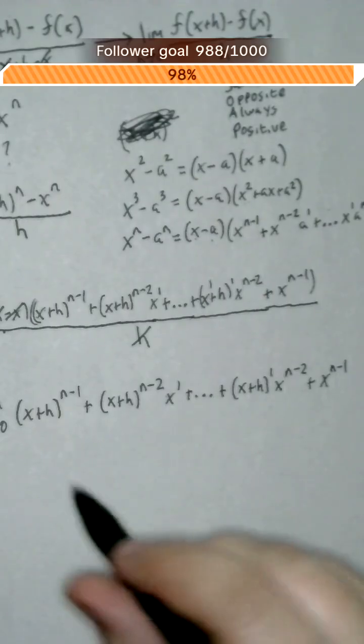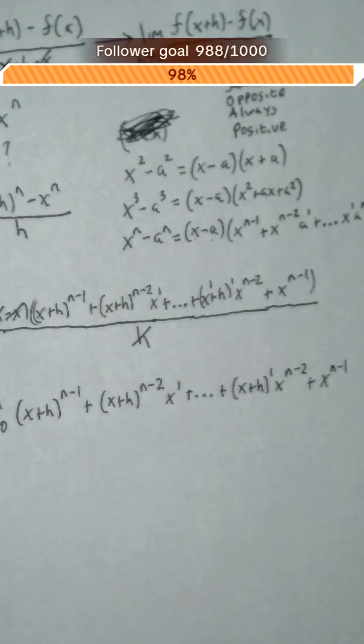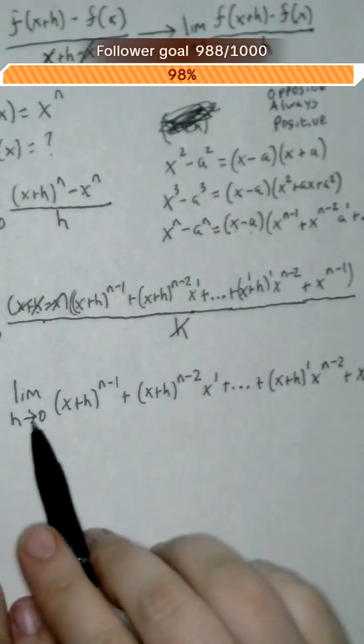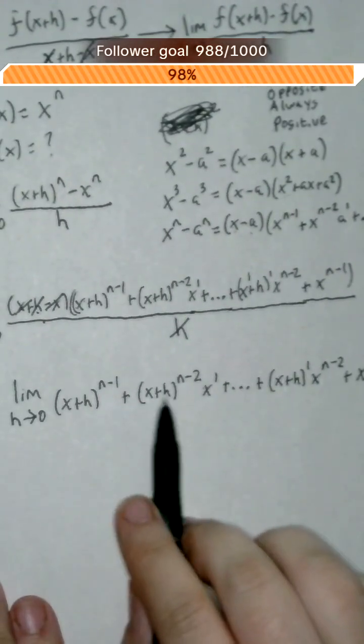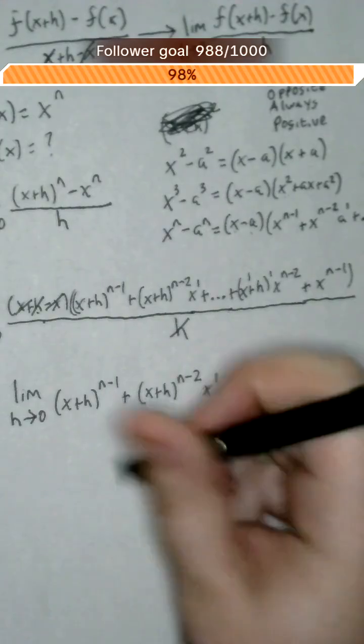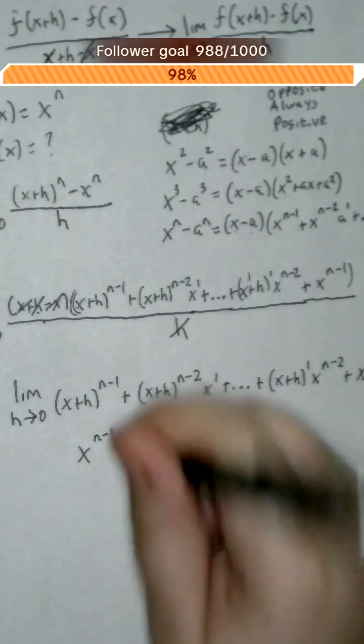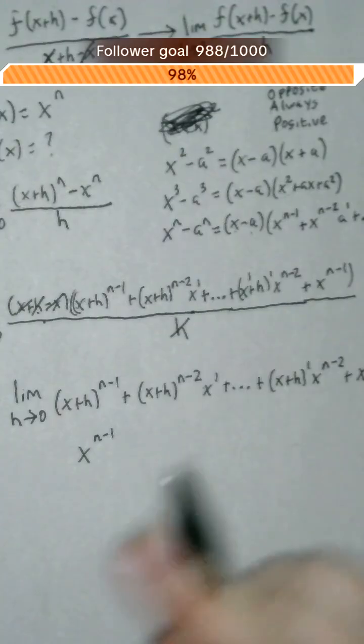Perfect. So now, remember there's a limit here. Do I have to worry about division by 0? What is this? This is calculus. No, I don't have to worry about division by 0 anymore. So I'm going to plug in 0 everywhere I see an h. So I have x plus 0 to the n minus 1, which is just x to the n minus 1, because anything plus 0 is itself.